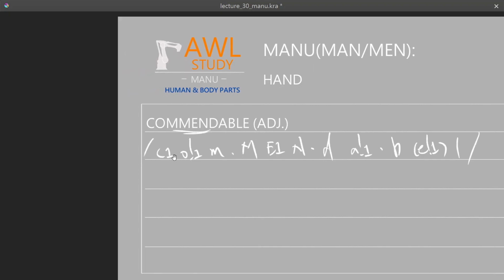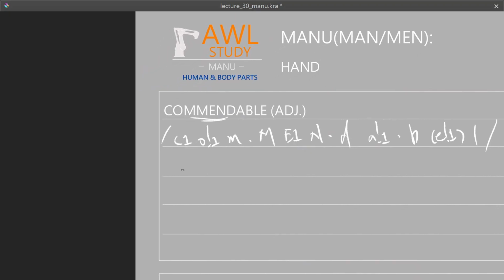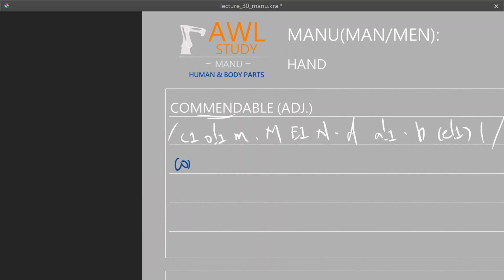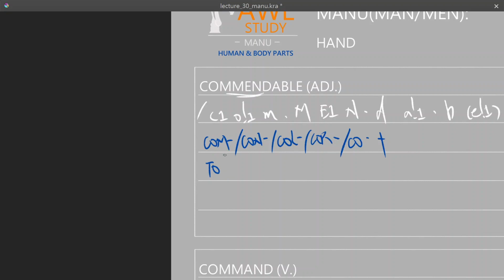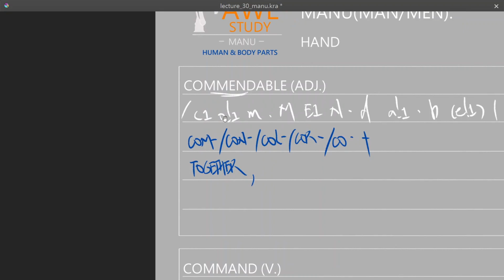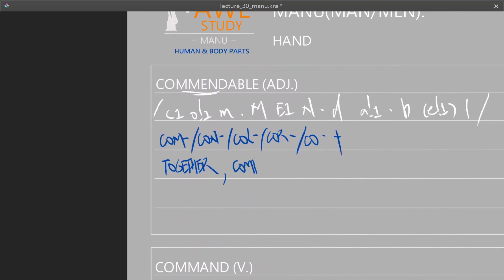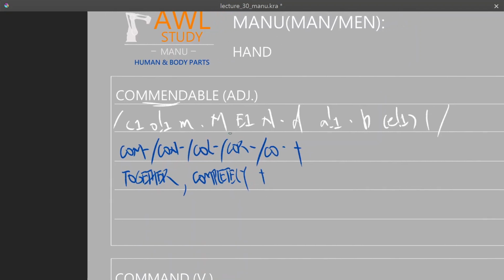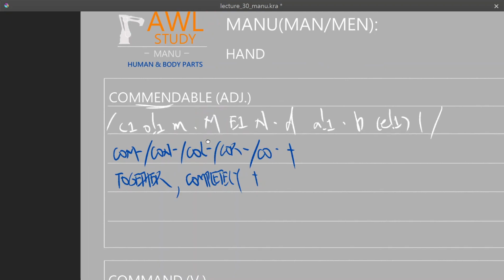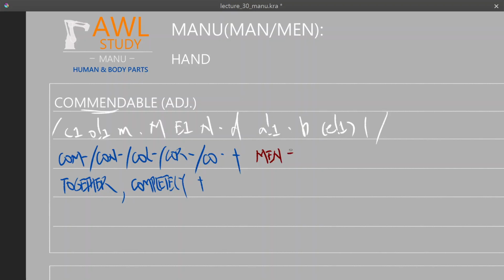Right, commendable. And we have com, the prefix com, C-O-M, C-O-N, C-O-L, C-O-R, or co, meaning together or completely. And we have the root man, meaning hand.